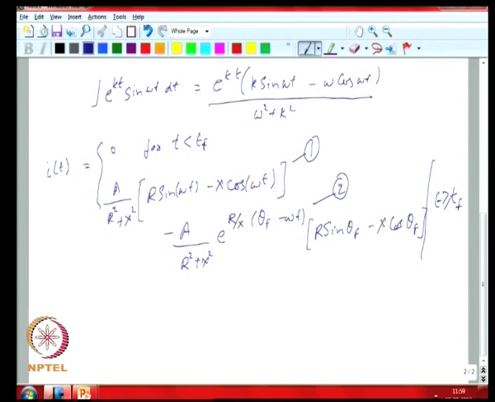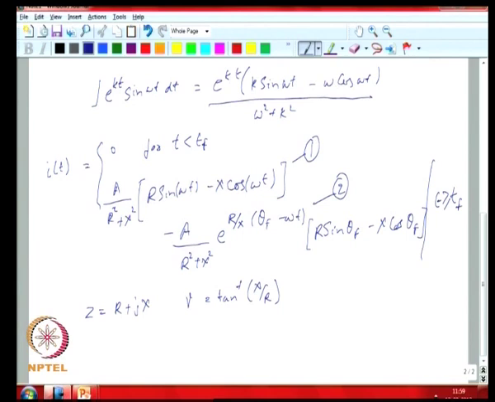So, our term 1 is the AC term and term 2 is an exponentially decaying term, and you could take Z equal to R plus jX and gamma equal to tan inverse X by R. So, gamma is the impedance angle.